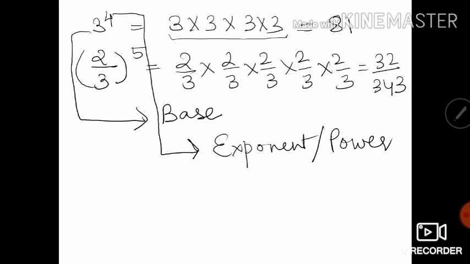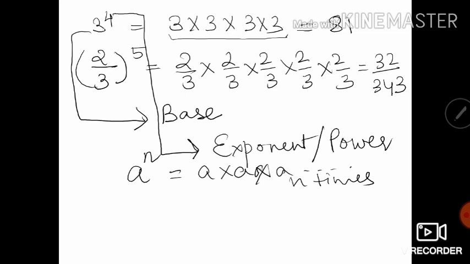Similarly, 2 on 3 is the base and 5 is the exponent. So in general, a to the power n is a into a into a, multiplied by itself n times.